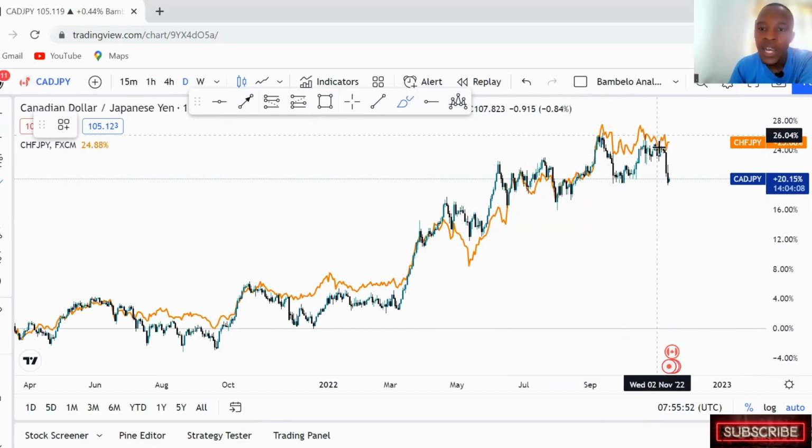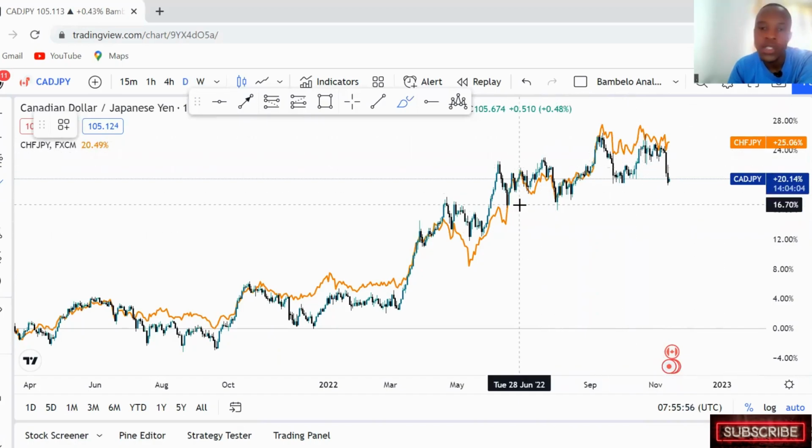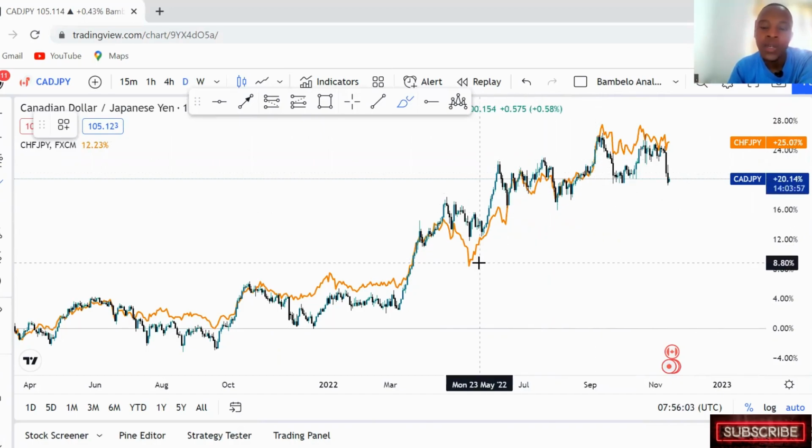So when you are unclear on CAD JPY, you can always analyze Swiss JPY, because it's the one that's going to give you a clear indication of what will most probably happen on the other pair. You don't have to trade them both, but you can use the other one as a reference, which gives you an edge or an indication of what could possibly happen on the other one.